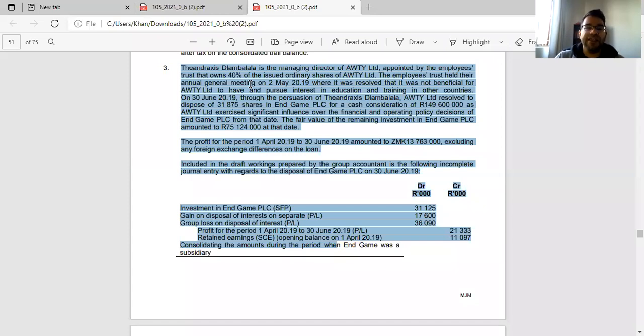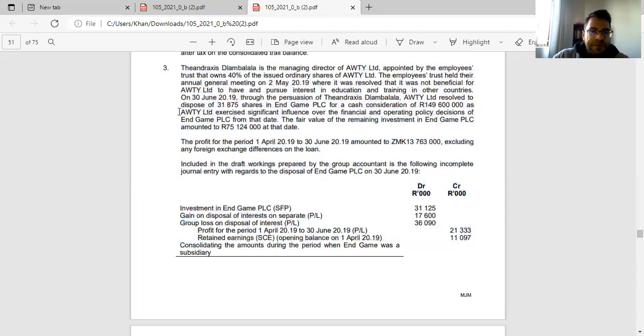Now we will read the information in point number 3, and then we're going to deal with doing the correct journal entry. They say Thriandris is the managing director of AWTY, appointed by the employees trust that owns 40% of the issued ordinary shares of AWT.